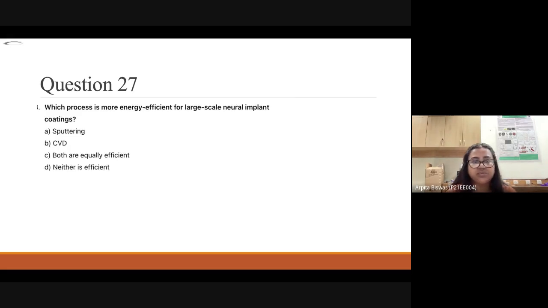Next, which process is more energy efficient for large scale neural implant coating? First is sputtering, then CVD, then both, and neither is efficient. So which one is the right option?